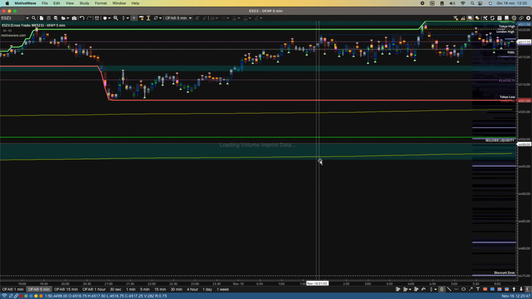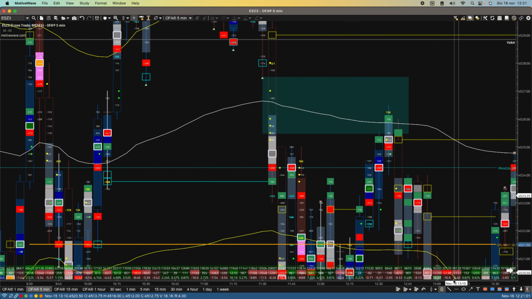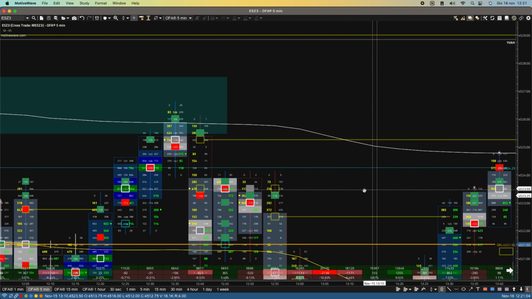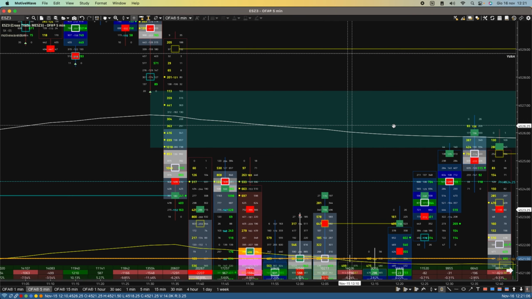So let's move here. This is my footprint template with the alpha module, but it's good with any platform. It's not the platform that makes this tool good, it's the setup.